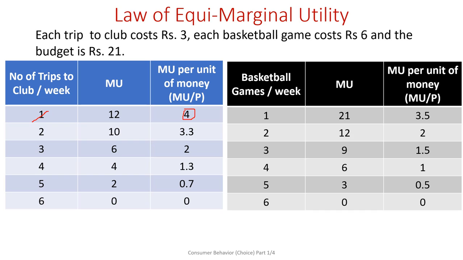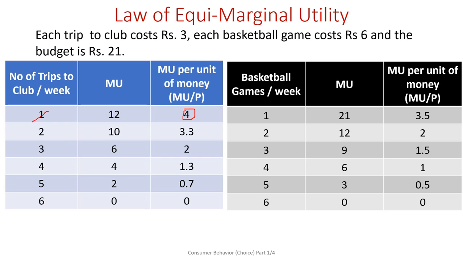So rupees 3 will be spent on the club. Next, the consumer on the second weekend can go to the club. It will be his second trip to the club and the marginal utility per unit of money will be 3.3.